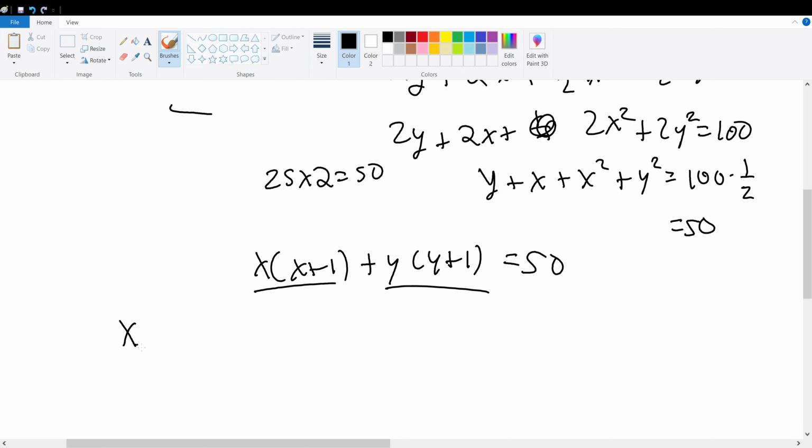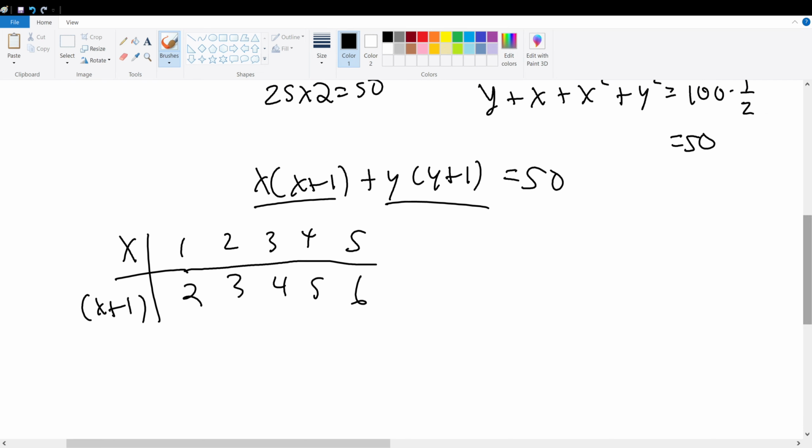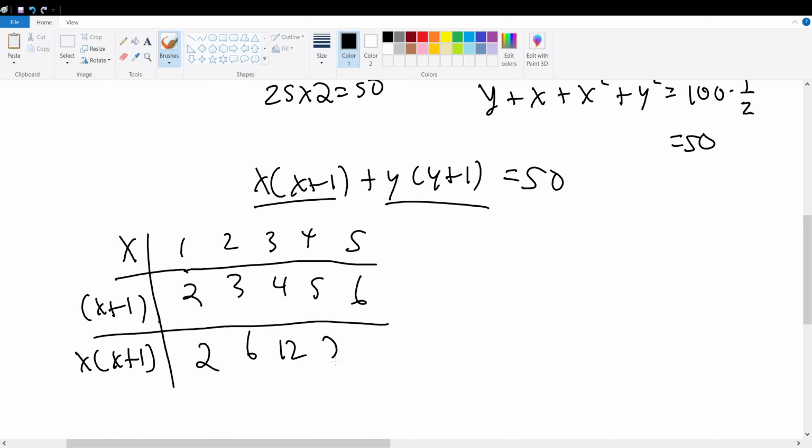Well, x could be 1, 2, 3, 4, 5, no more. So x plus 1 is 2, 3, 4, 5, 6, which means that x of x plus 1 would give you 2, 6, 12, 20, 30.